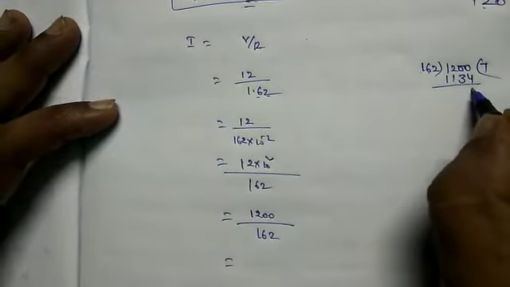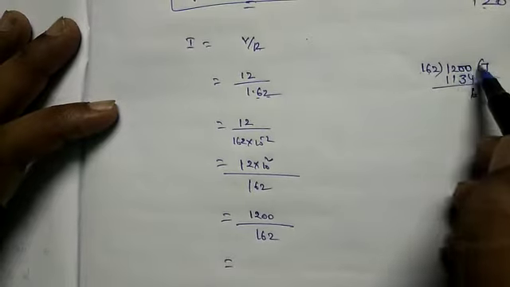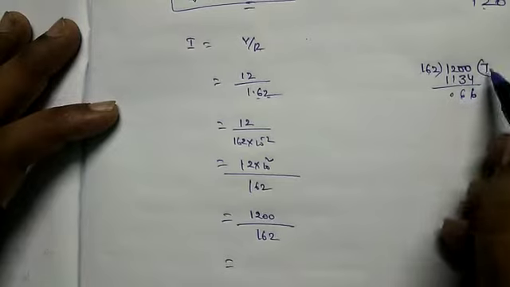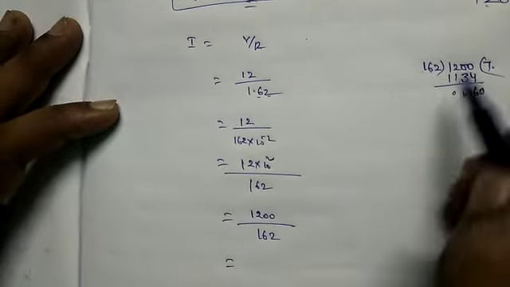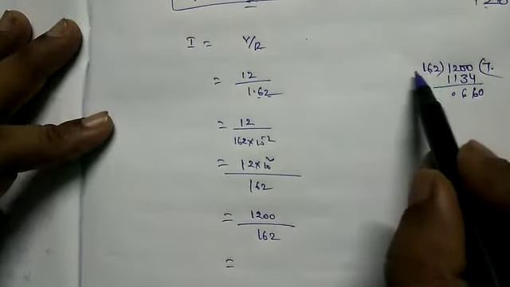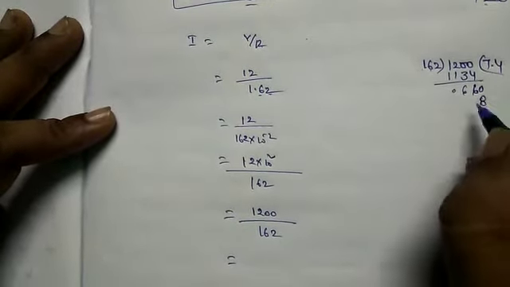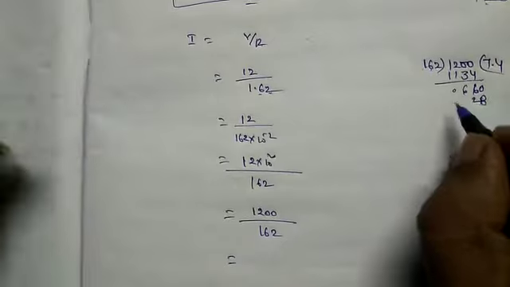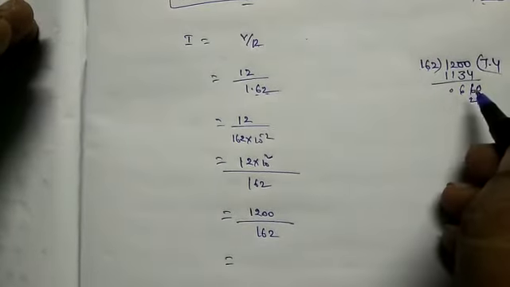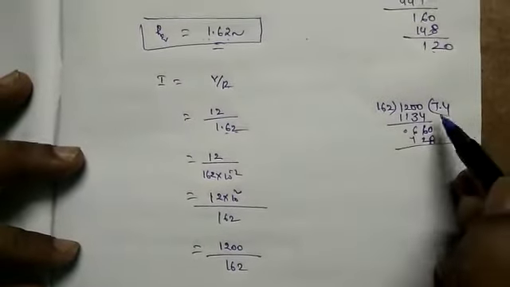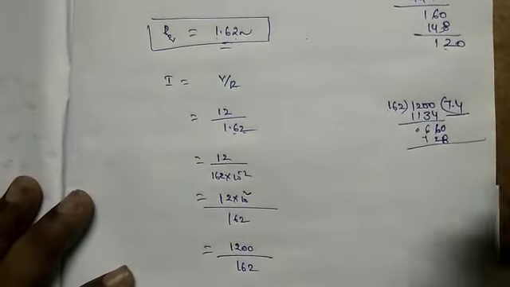So 4 times: 4 twos are 8, 4 sixes are 32, 4 ones are 4, giving 728. So approximately we can get 7.39, like that.